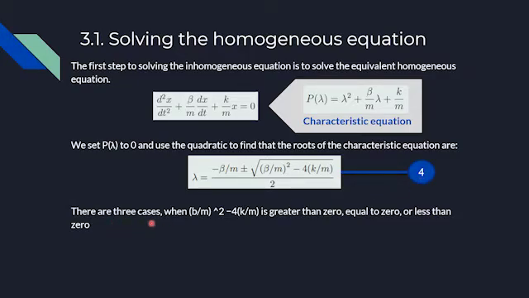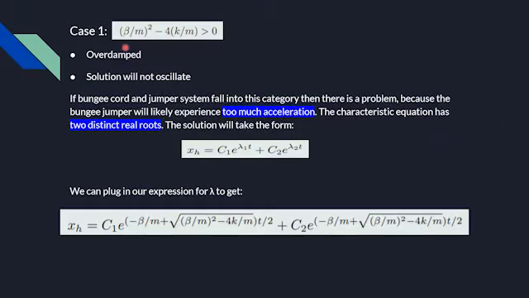There are three cases: when beta over m squared minus 4k over m is greater than 0, equal to 0, and less than 0. For greater than 0, the case is overdamped and the solution will not oscillate.